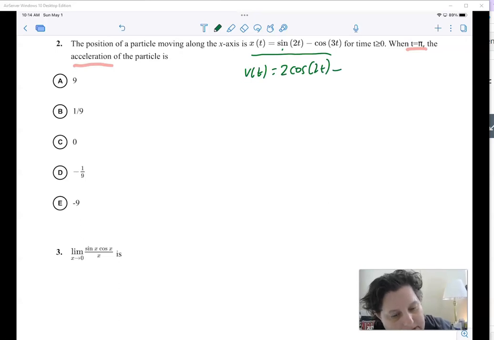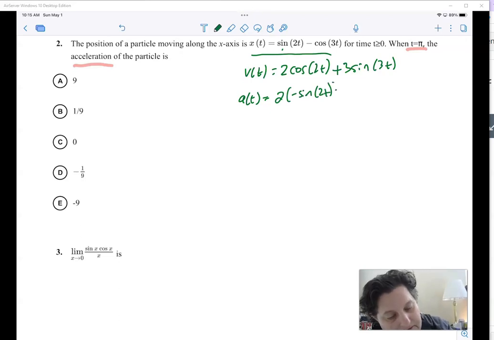The derivative of cosine is negative sine 3t times 3. So the negative goes to positive. Now for acceleration, the 2 is still here. The derivative of cosine is negative sine 2t times another 2, and then the 3 is still here. The derivative of sine is cosine 3t times another 3.